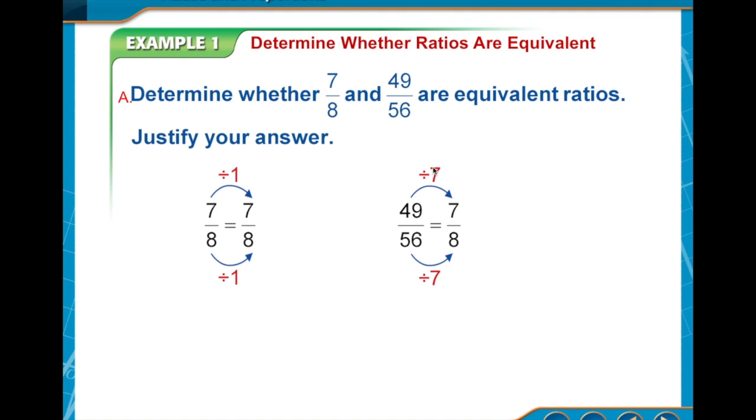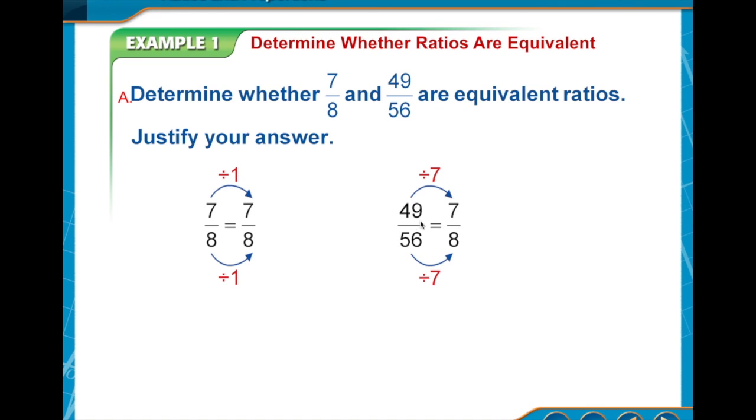So if we divide the numerator and denominator by 7, we know 49 over 56 is the same thing as 7 over 8. Since that is the case, looking back at our question, are they equivalent ratios? The way that we can answer that question is by understanding, is 49 over 56 another way to say 7 over 8?